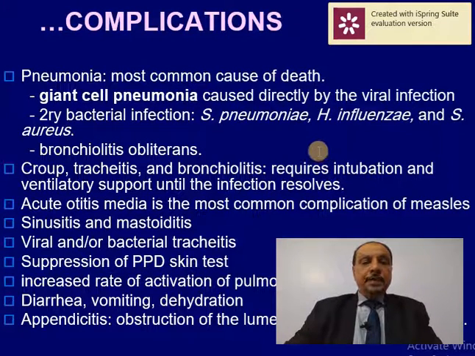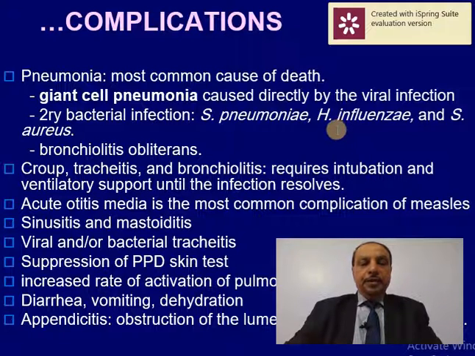Complications of measles, pneumonia. Pneumonia is considered a leading cause of death. As we mentioned, pneumonia and encephalitis. Pneumonia, the most common cause of death. There will be giant cell pneumonia or secondary bacterial infection after pneumonia with Streptococcus pneumoniae, Haemophilus influenzae, or Staph aureus, which also can cause death. And again, bronchiolitis obliterans.